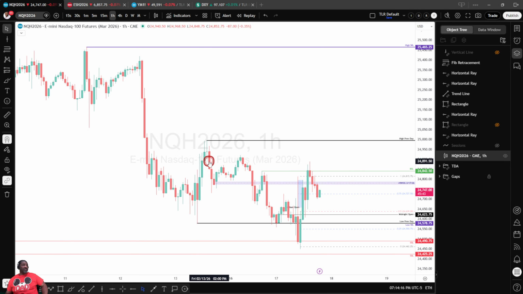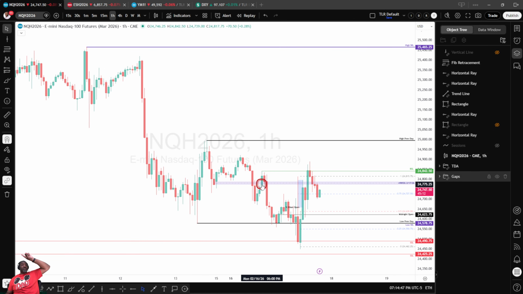Traded up into this 2 p.m. SIBI, made a high up here on London. Then we traded back down going into the mini New York session, because the market closed at like 1 o'clock. Then we made a low around the 11 o'clock hour. Then we traded back up into this 9 a.m. SIBI, and that was at the open of Monday night.